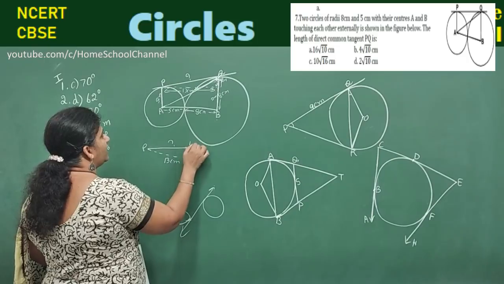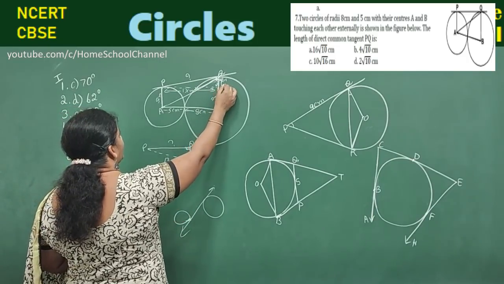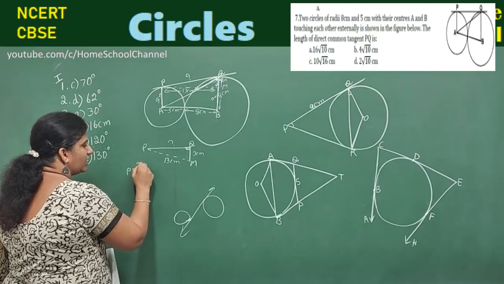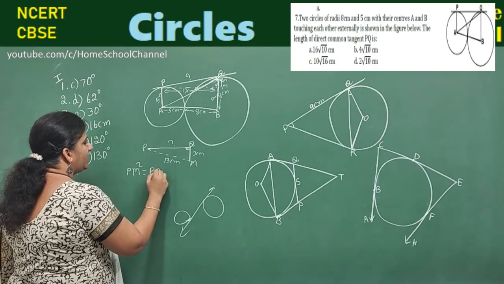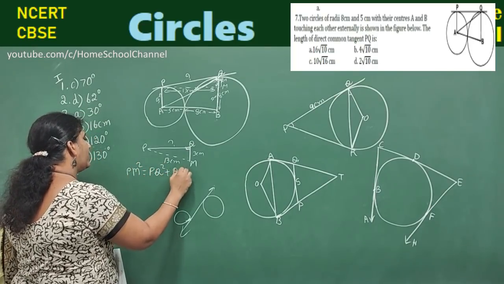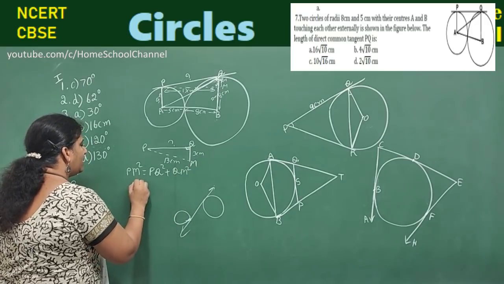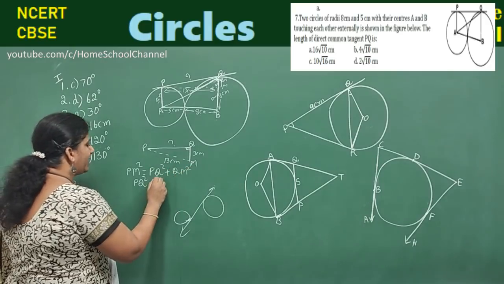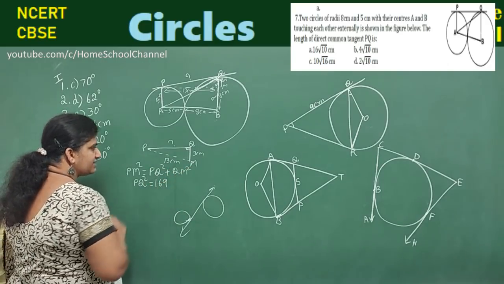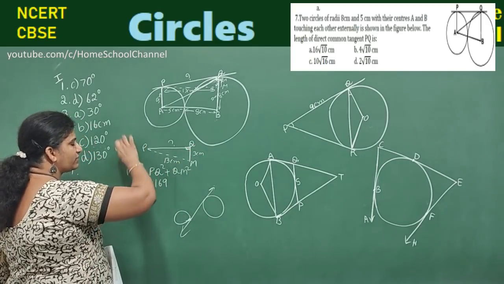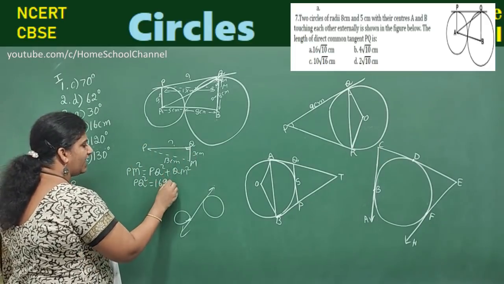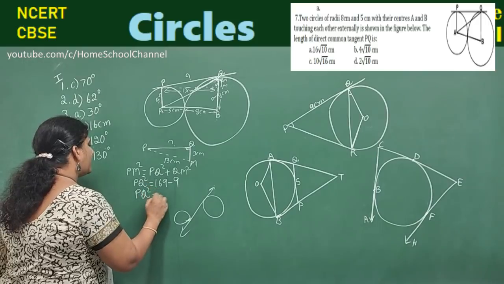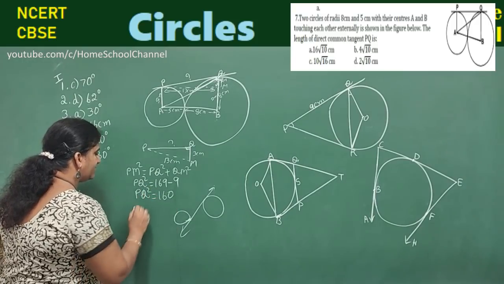This is P, Q. Let me take M. PM square is equal to PQ square plus QM square. PQ square is equal to PM square, that means 13 square. 13 13s are 169, and this QM square, bring this side, 3 3s are 9, that means minus 9. PQ square is equal to 160.